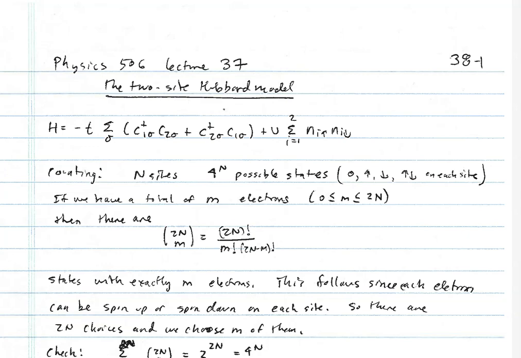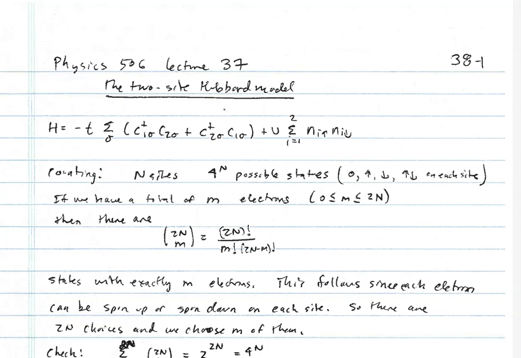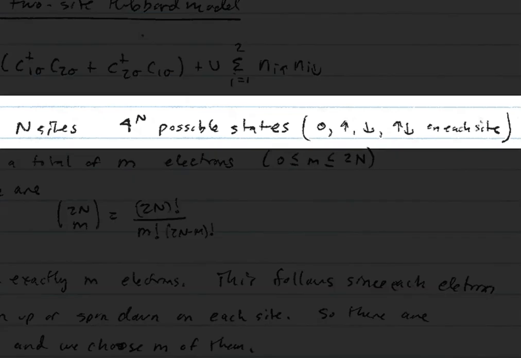So it's a relatively simple Hamiltonian, but if we do the counting, there are N sites. In this case, N is equal to 2. So there are 4 to the N possible states because I could either have no electron, an up electron, a down electron, or an up-down electron on each site. And I have 4 for each lattice site that I have in the lattice, and so I get 4 to the N possible states.